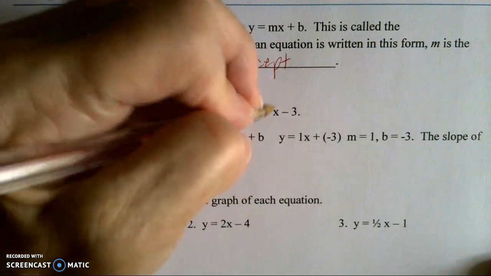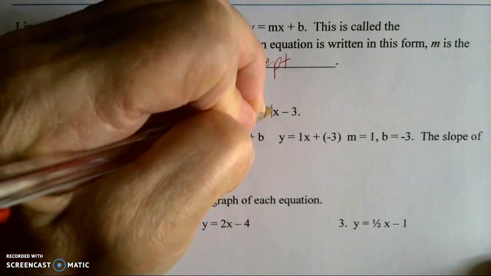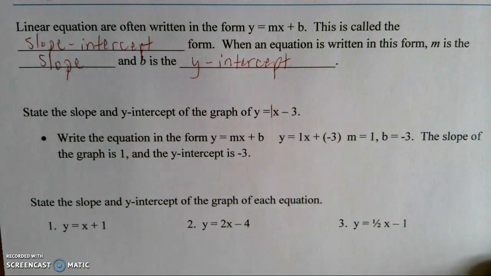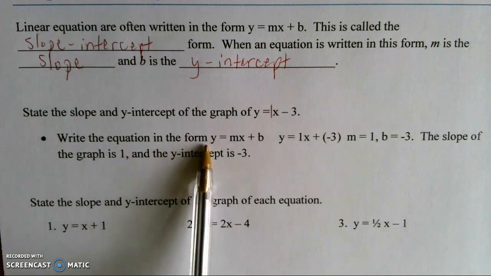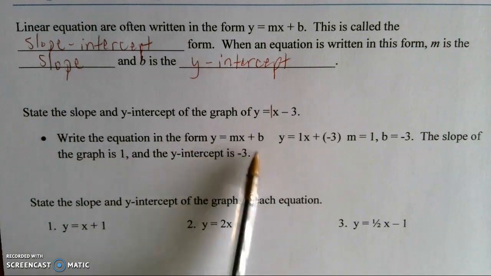Now remember, if there is not a number in front of that x, we can always put a 1 there, because 1 times x would equal x. So now, we're going to write the equation in the form y equals mx plus b.